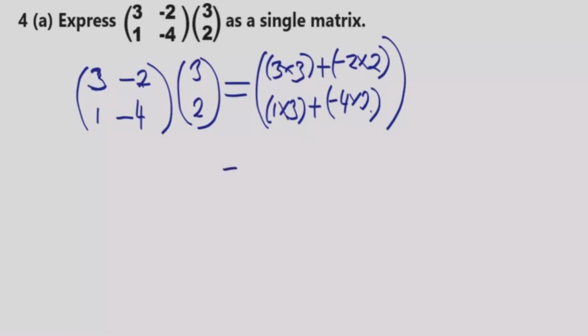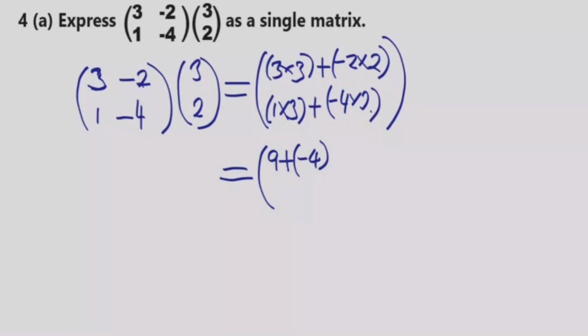Now we find the value of that. We open the bigger matrix. We just say 3 times 3 will give us 9, plus -2 times 2 will give us -4.